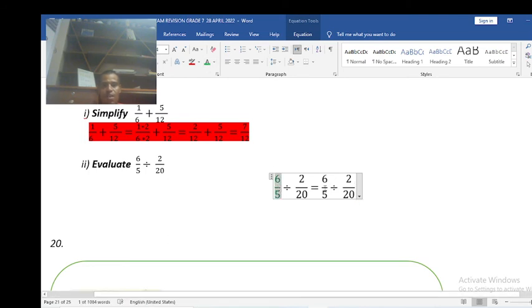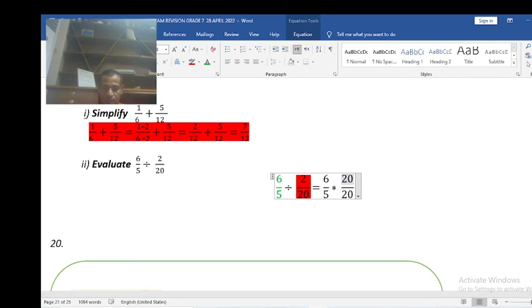Then I should reverse this one. This is division, it should be multiplication. I will multiply, then reverse this one, so it will be 20 divided by 2.